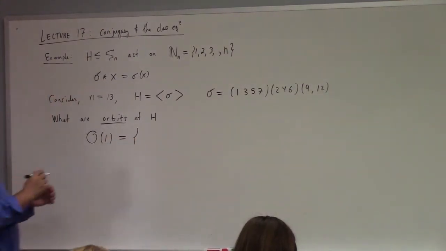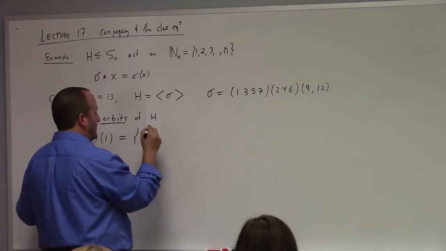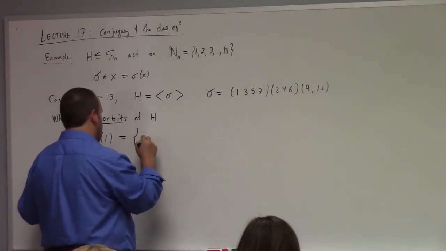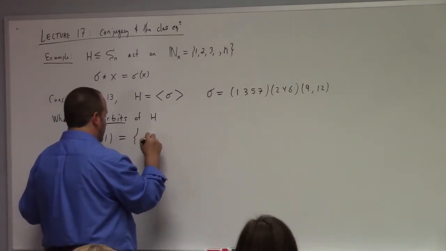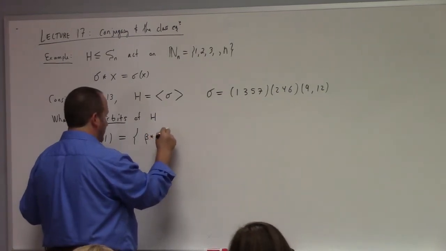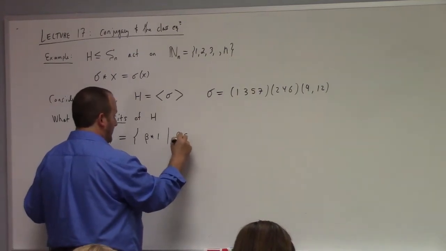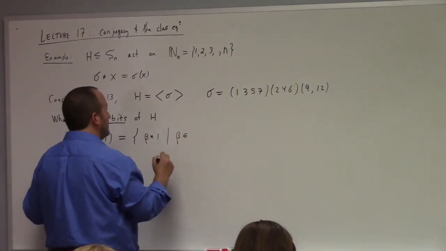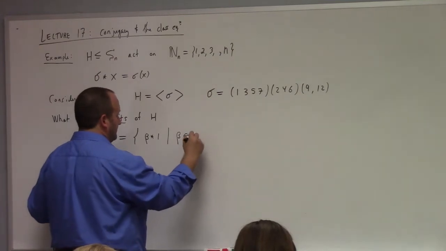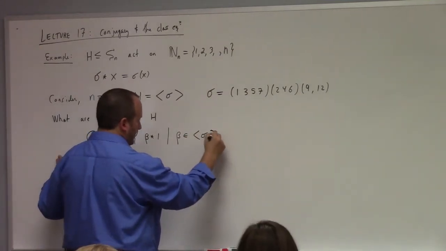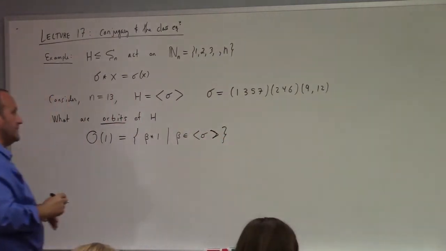So that would be what? This is beta times 1 such that beta is an element of H, right? Which in this case is the cyclic subgroup generated by sigma.